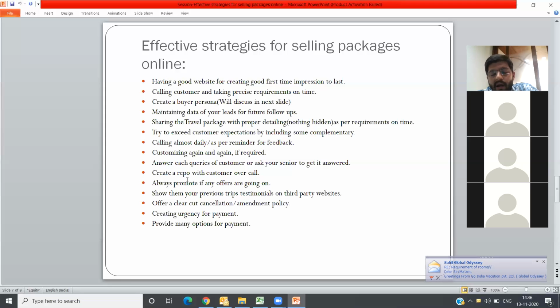In Kerala, what we are doing is calling each customer twice a day, in the afternoon and in the evening, the ones who are missing our calls, the hot ones, and we are dropping a message to them, so that they value that we have called. It will surely deliver your results.